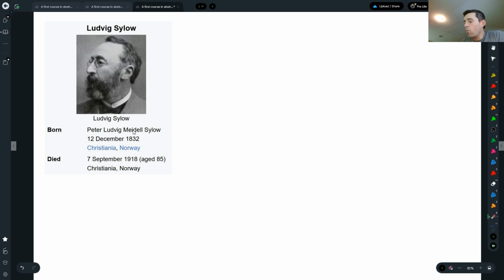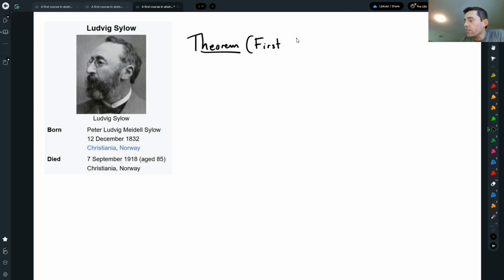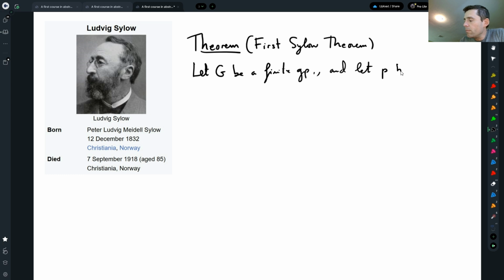Okay, so let me say, what is the theorem? The first, what we now know as the first Sylow theorem, is this sort of extension of Cauchy. Let G be a finite group, and let P be prime, such that P to the R divides the order of the group for some R bigger or equal to 0.